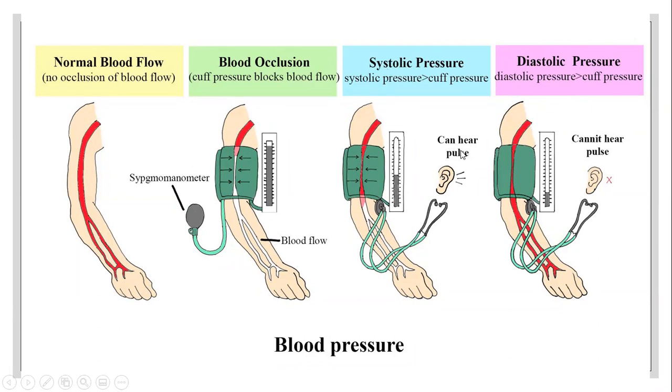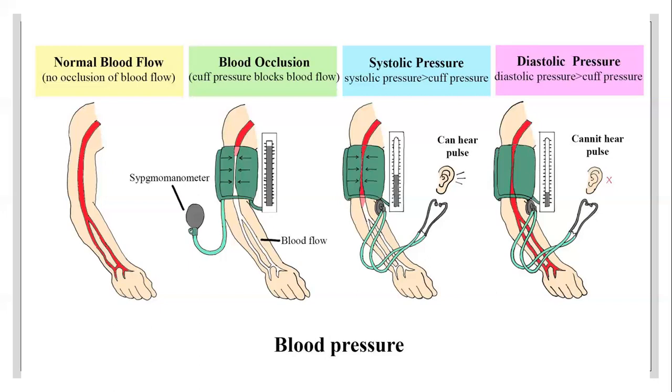The sound we hear is called the Korotkoff sound. When you hear the sound the first time, this is the systolic pressure. And when the sound disappears, it is the diastolic pressure.